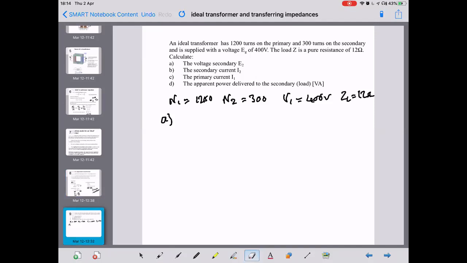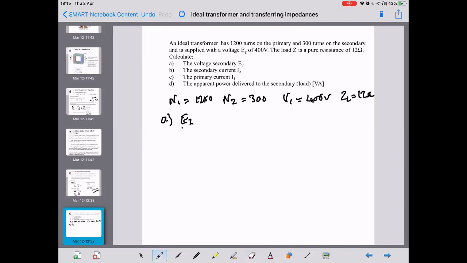If you use the turns ratio and the voltage supplied, that can give you the secondary voltage. We want to find E2.